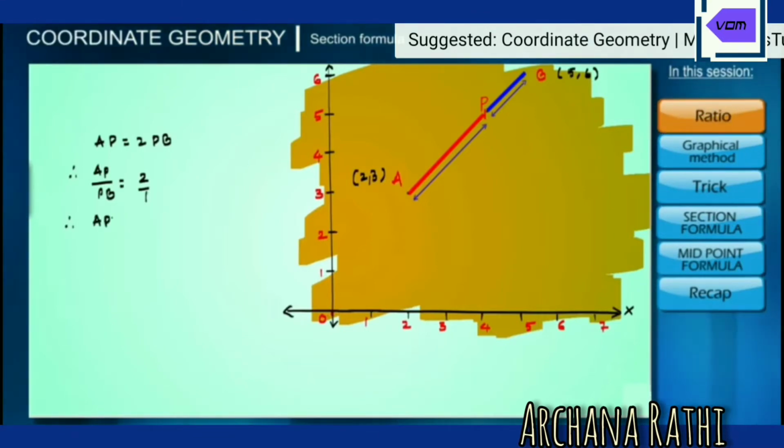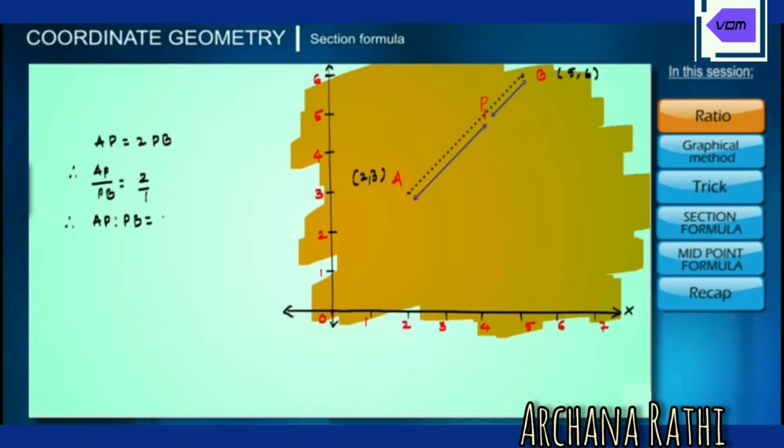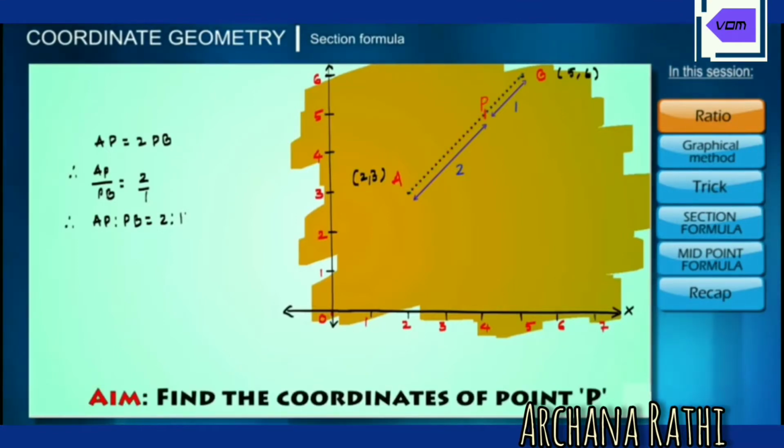Therefore, the ratio of AP to PB is equal to 2:1, which indicates that the distance AB is divided into three equal parts. Then two parts will be towards A and one part will be towards B from the point P. Our main aim is to find the coordinates of point P.